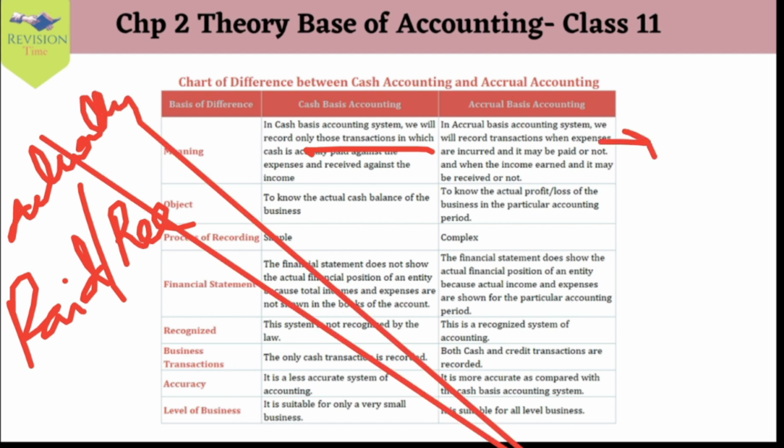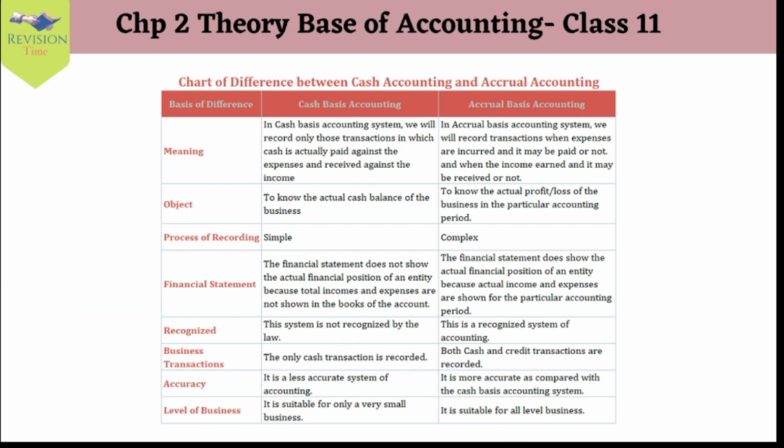Under accrual basis, we will record when expenses are incurred, whether it is paid or not, or when the income is earned, irrespective of receipt. When the transaction has occurred, it is recorded in the books of account.